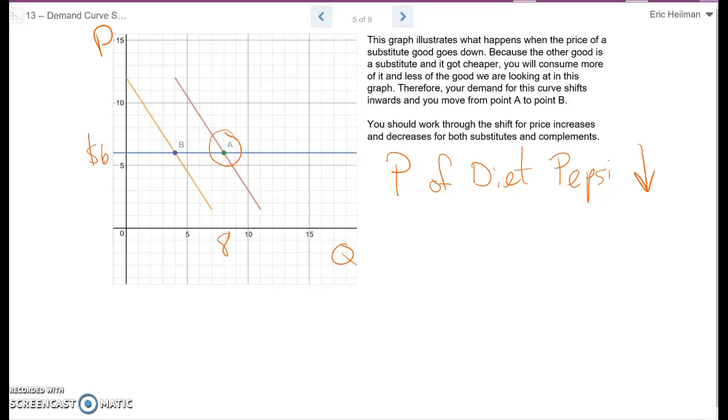When the price of a substitute goes down, your demand for this good will decrease, so we're going to get a shift to the left. If a substitute gets cheaper, the demand curve shifts left, because at any given price of Diet Coke, I'm going to demand less of it because I can get Diet Pepsi for cheaper.